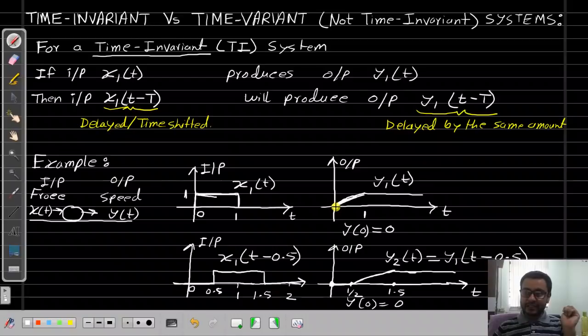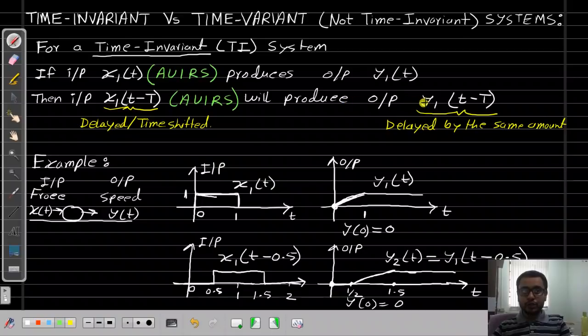It is important that we take the system to be initially relaxed in these tests, and also in the definition of time invariance I should add that if the input x1 applied under initially relaxed state, now you know what I mean by this abbreviation, produces y1, then x1(t minus T) applied under initially relaxed state will produce output y1(t minus T).